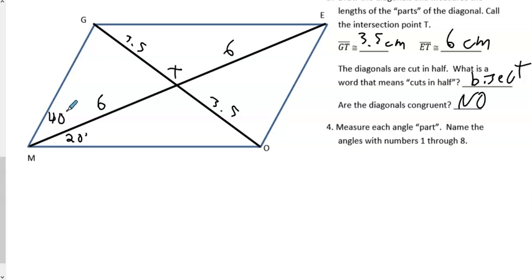Well, if we go back to a previous unit, we talked about parallel lines and alternate interior angles. This one is 40 and this one is 20. You can see how the 20s are alternate interior angles between the top and bottom. And 40 is alternate interior angles between the top and bottom.